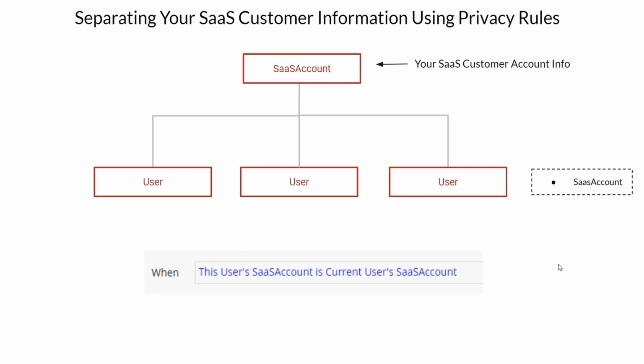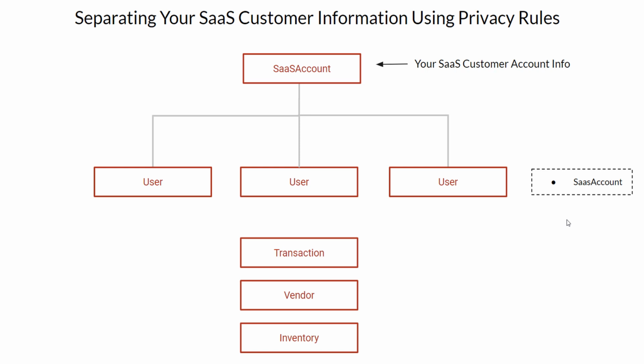This means only users sharing the same SaaS account as the logged-in user will be shown to them. Then you can do different rules about who can see what information. Maybe you don't want user A seeing all of the information of user C, and you can set up admins, which we covered a little in the last video as well.